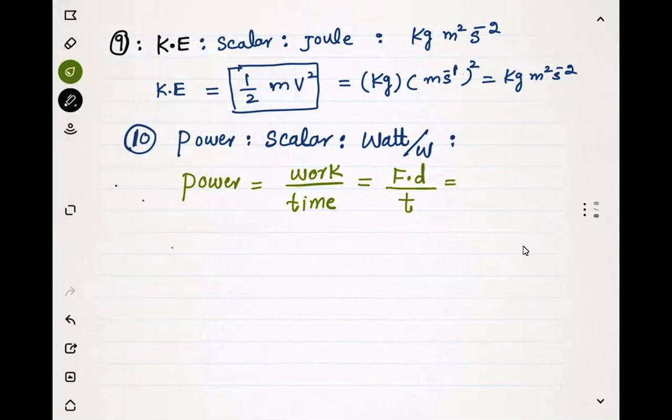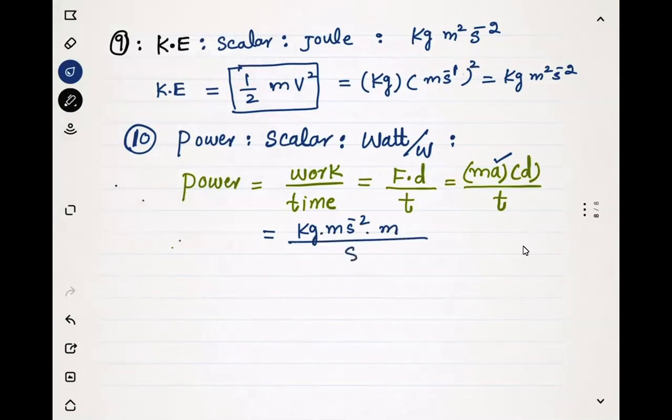That would become m a times d divided by t. So the unit and base unit of power will become kilogram meter second minus 2, meter second minus 2 for acceleration. For distance, it is meter, and for time, it is second.